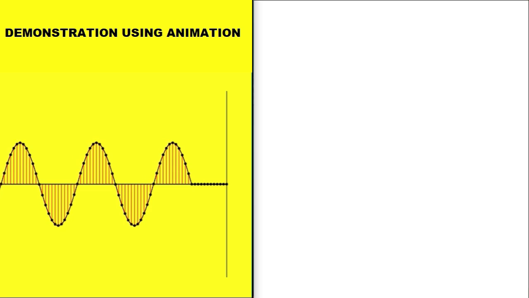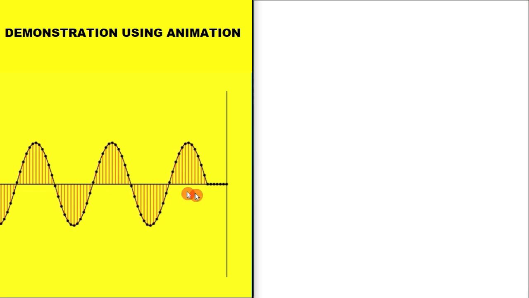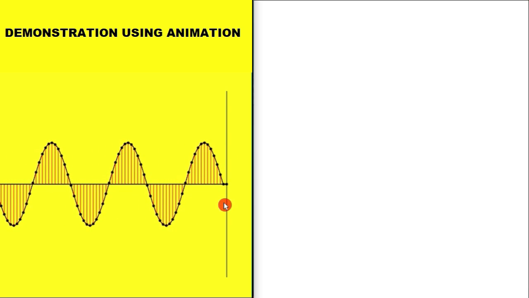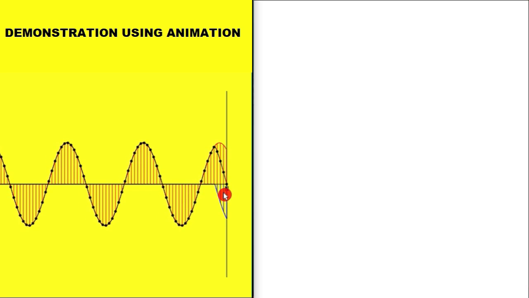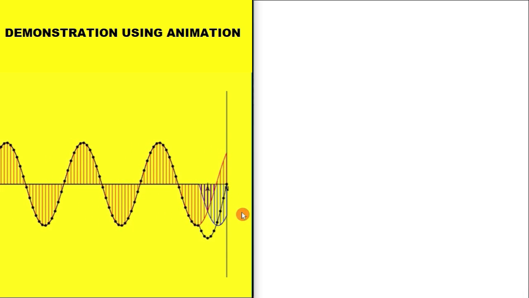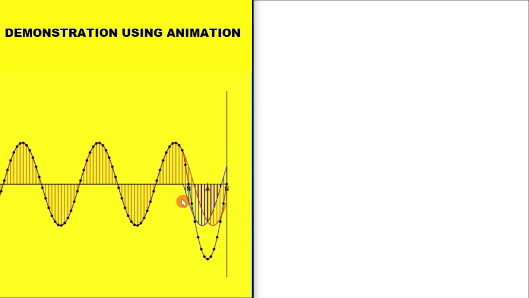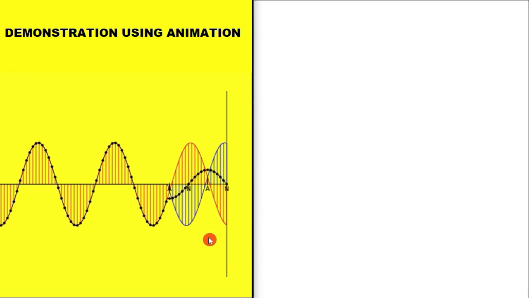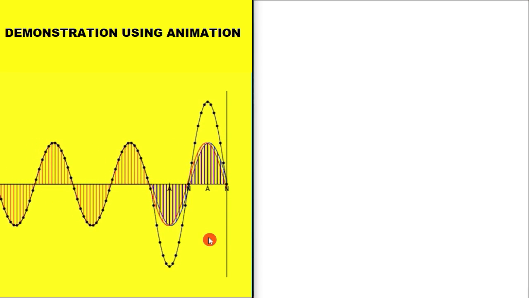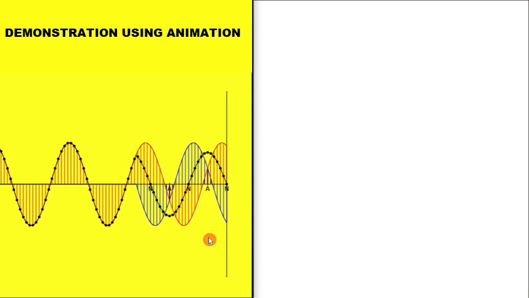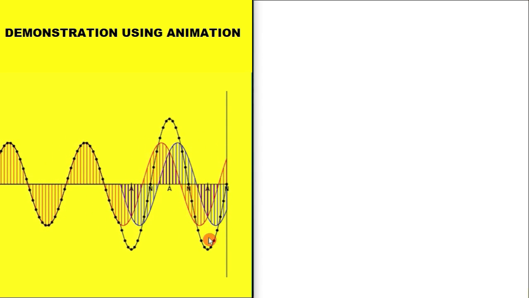See, this is a progressive wave coming, and it is going to hit here. Now this blue wave that is coming is another progressive wave. That wave is actually the reflected wave of the incident wave.